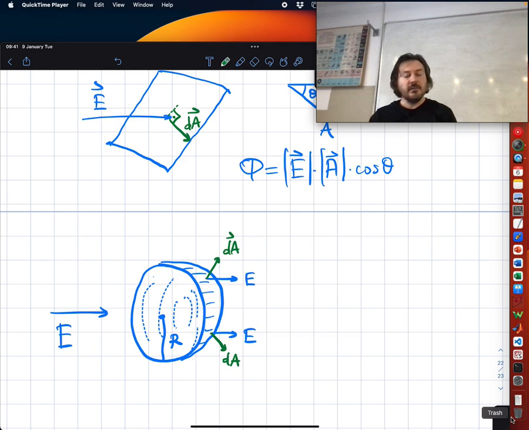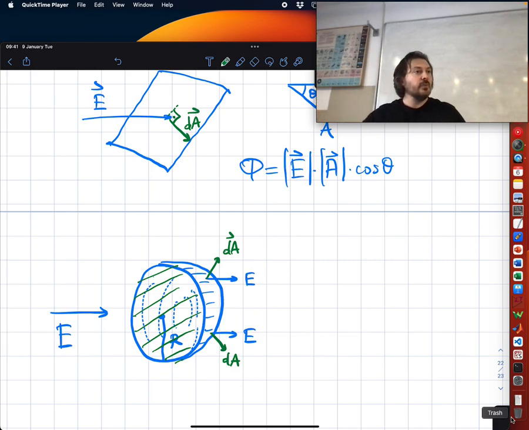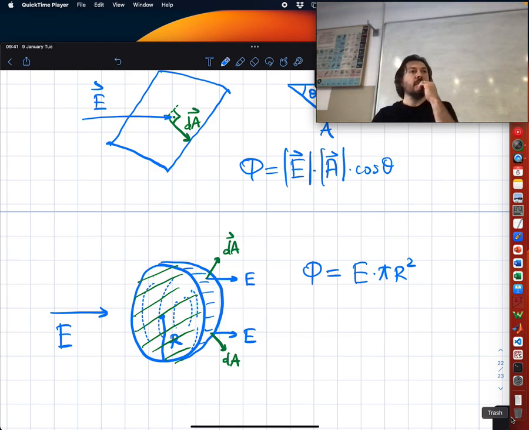The thing is that the area that is perfectly perpendicular is pi r squared. So even without taking that integral, you can simply write the flux to be E times pi r squared. Did you understand this one? I'm confused.